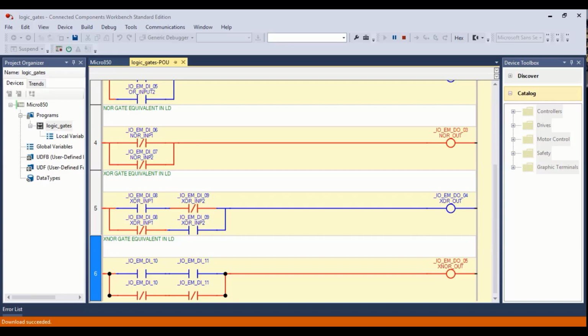We also had actually two inputs, right? Because we have the start, stop, those are inputs. And then we have the actual output, the motor itself. And then we have two light indicators, right? One that indicated system on, the other one that indicated system off.